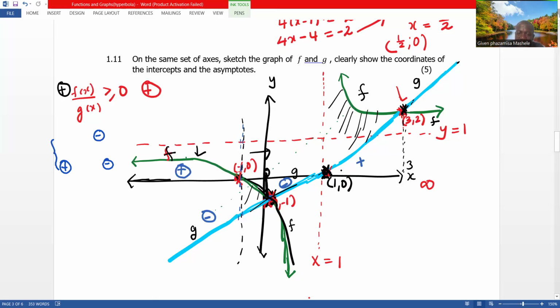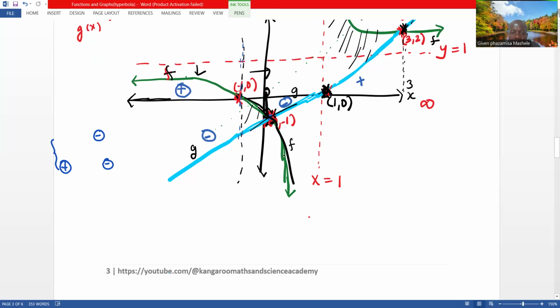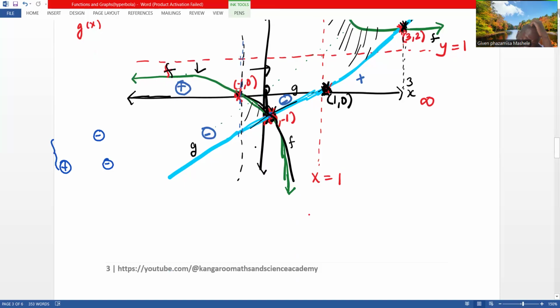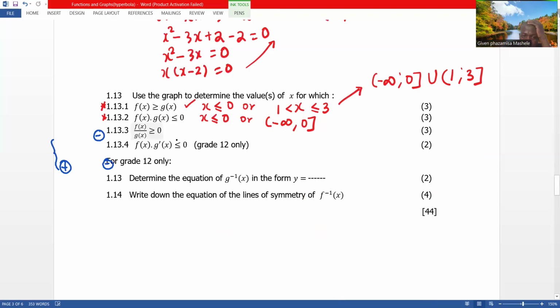Or we can just say it will be between minus 1 and 1, and any number bigger than 1. It's also fine, because remember, they're both negative, both positive. So we can say from minus 1 up until 1, excluding 1, or any number bigger than 1.